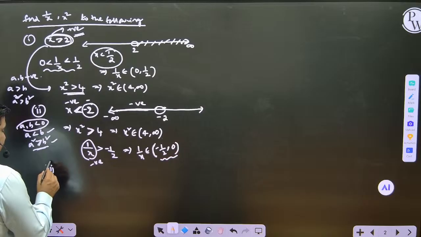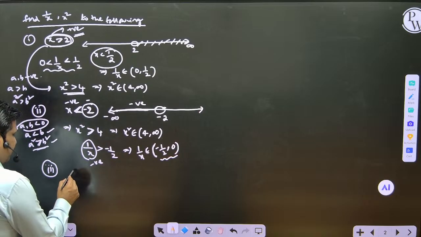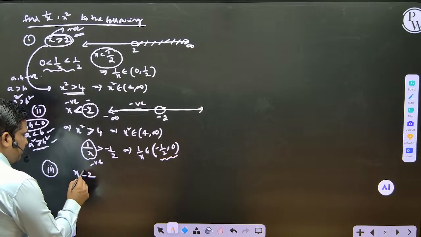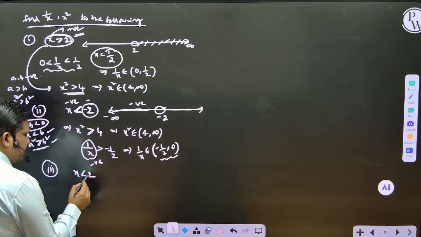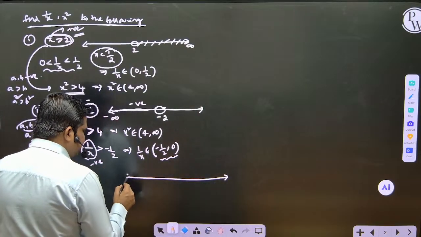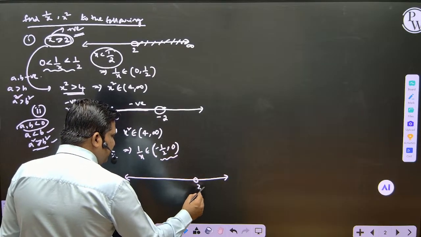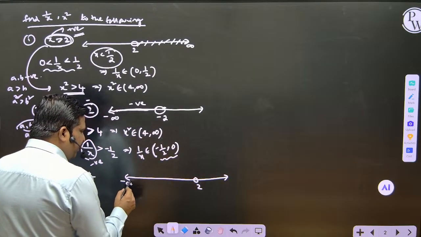Coming to the third question, all possibilities we must take here. Third question: x less than 2. Here 2 is there, and less than 2 means up to minus something.